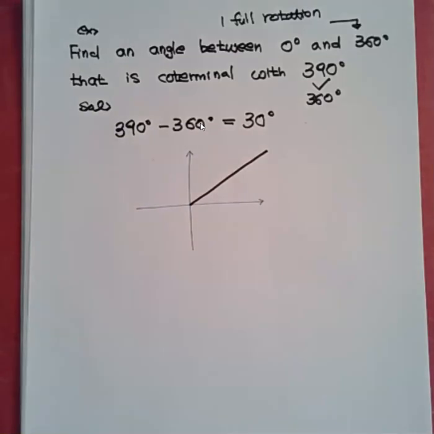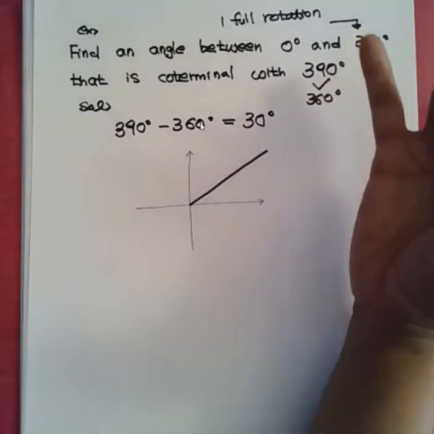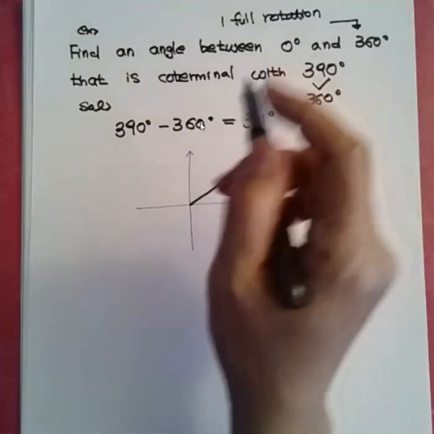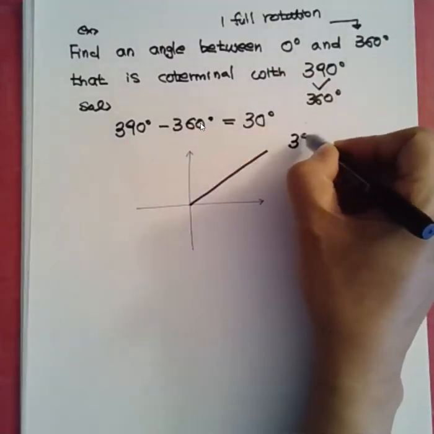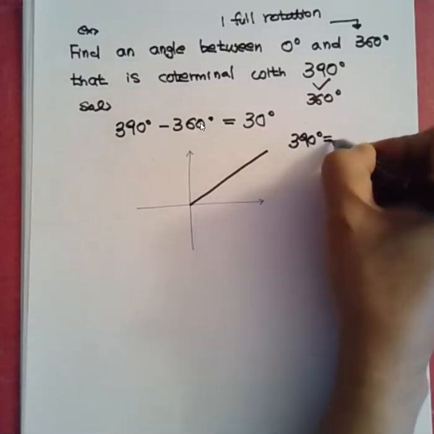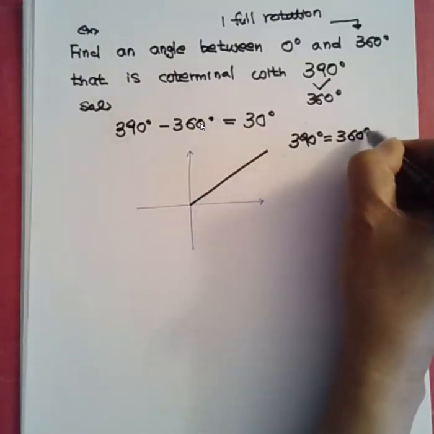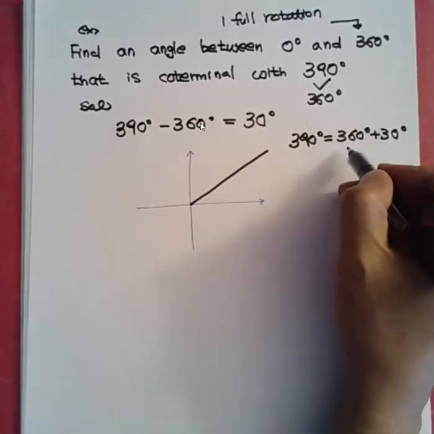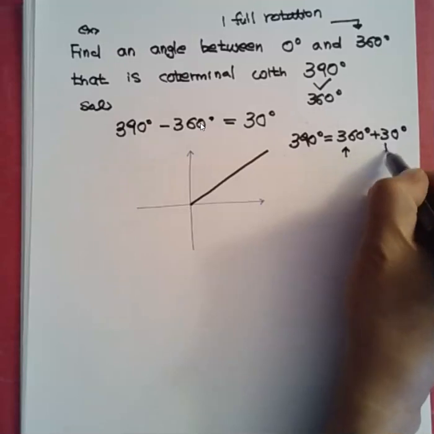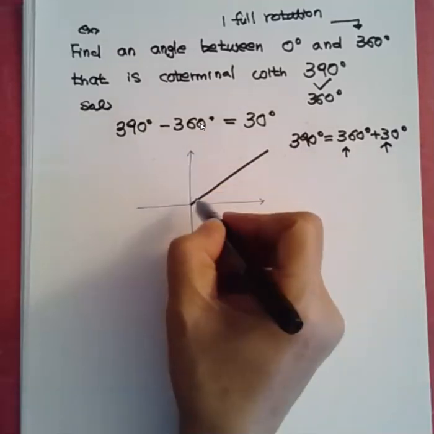Here is an angle. What happened was, in other words, we can write that 390 degrees equals 360 degrees plus 30 degrees. Geometrically, that means this is one full rotation and we go a little bit further by 30 degrees.